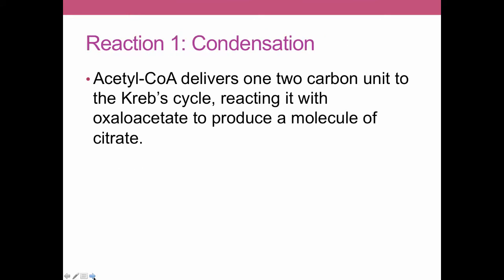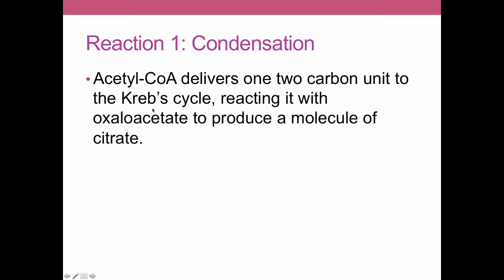So the first reaction is condensation. Acetyl-CoA delivers a 2-carbon unit into the Krebs cycle. So remember, acetyl-CoA is like the big kid walking little kindergarteners to where they need to be. That CoA really all it does is act as a really big molecule that's going to make sure that acetyl group doesn't get lost in the big old mitochondria.